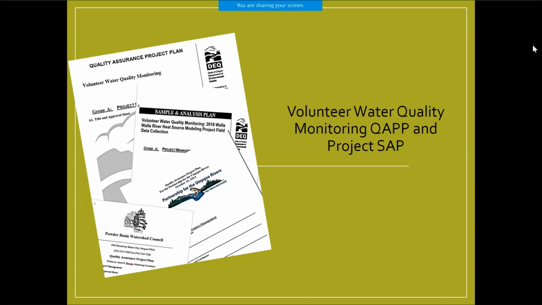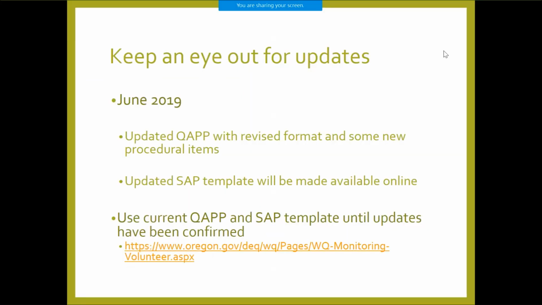Along those lines, in short order here, we will be conducting an update. Some of you may have noticed that the QAPP that is currently on the website is somewhat outdated, and has some different information about our data management, things like that. So that update and revision will be happening this month and get up on the website in June.